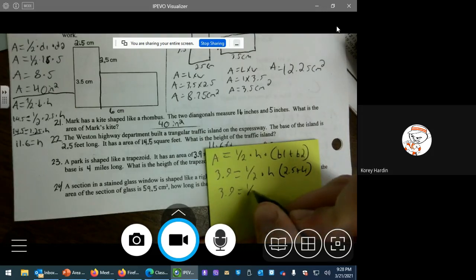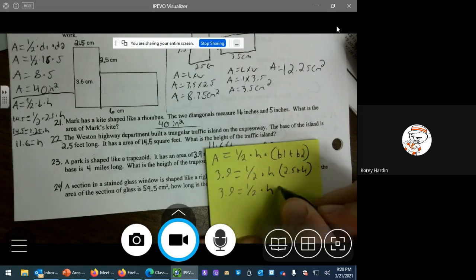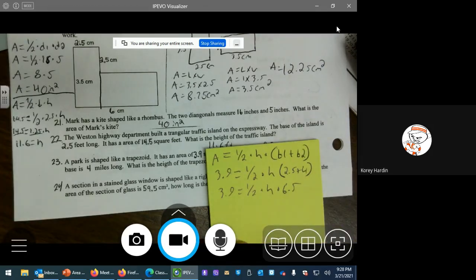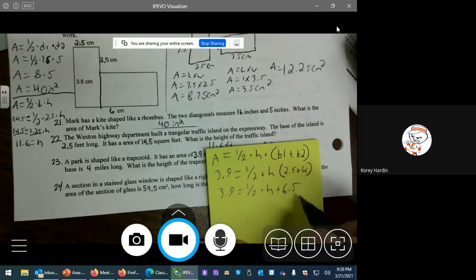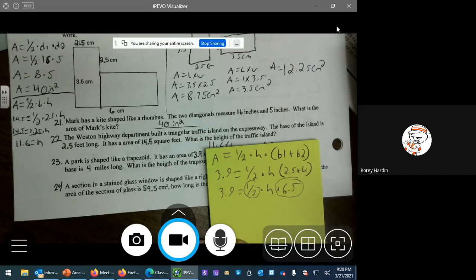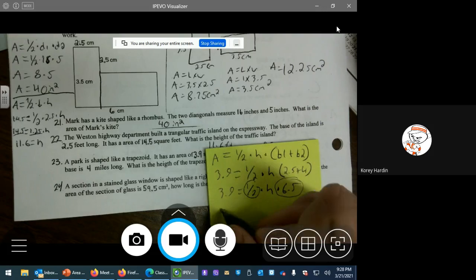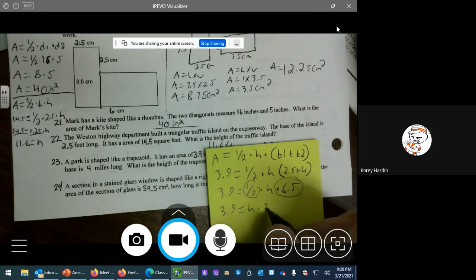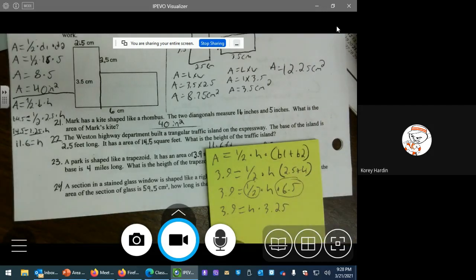3.9 equals 1/2 times the height times 2.5 plus 4. 2.5 plus 4 is going to be 6.5. So I'm going to combine 1/2 and 6.5. So 0.5 times 6.5 gives me 3.25. So I've got 3.9 equals h times 3.25. Okay.